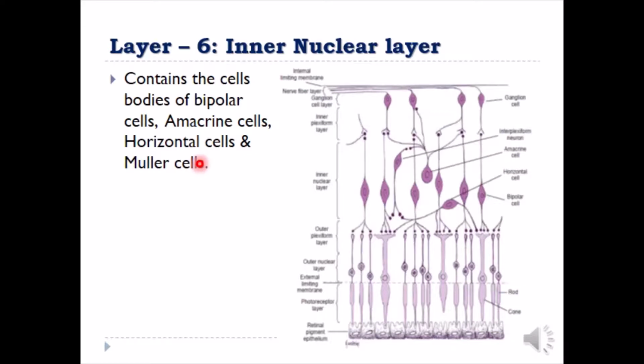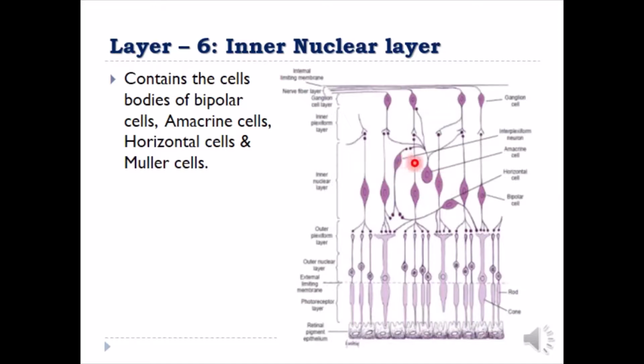We will not be learning so much in detail about them, but of course there are some functions for this amacrine cell. You can see that along with the bipolar cell you have amacrine cells, and your interplexiform neurons, their horizontal cells and amacrine cells. You can see that bipolar, horizontal, and amacrine.